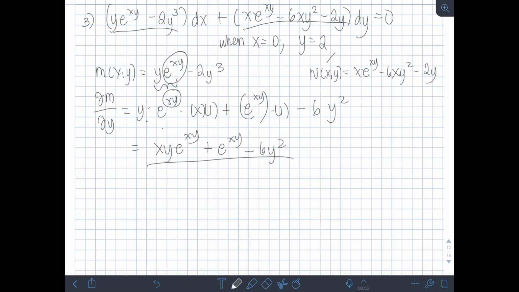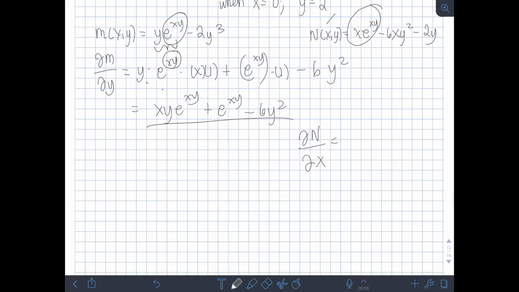Then, the partial derivative of N with respect to x. Again, the product formula. Copy the first function x, times the derivative of e raised to xy, which is e raised to xy multiplied by, this time y is constant, so times y multiplied by the derivative of x, which is 1.